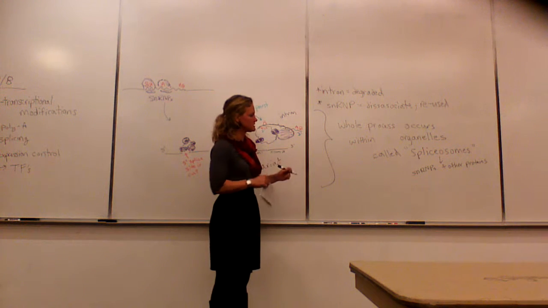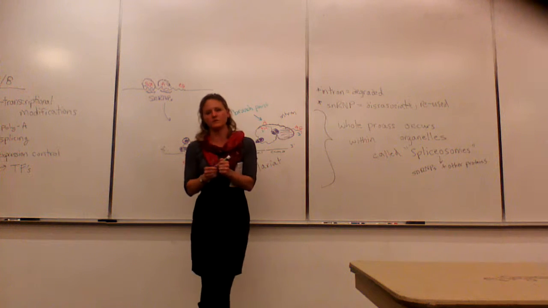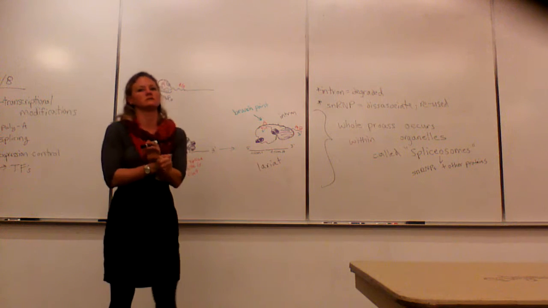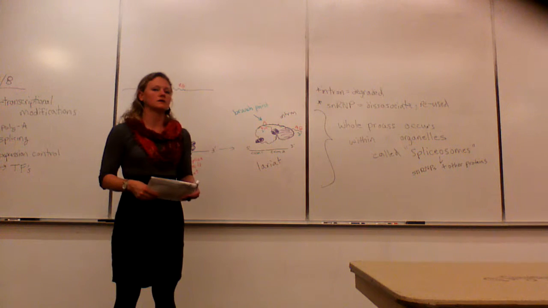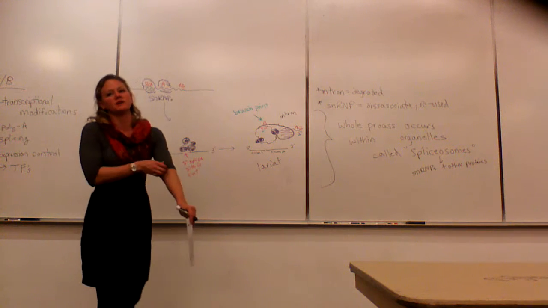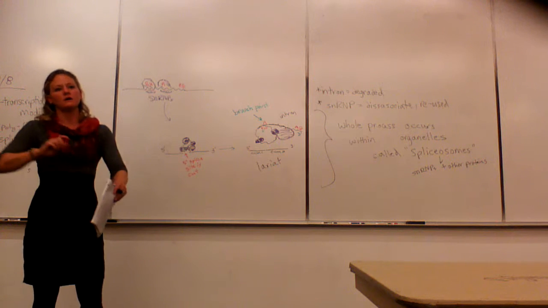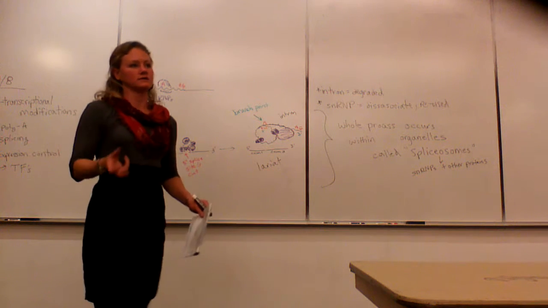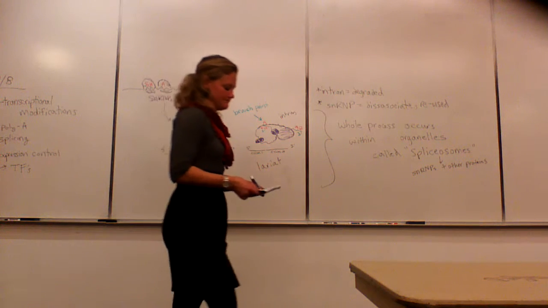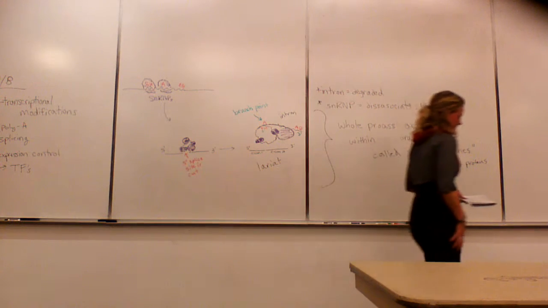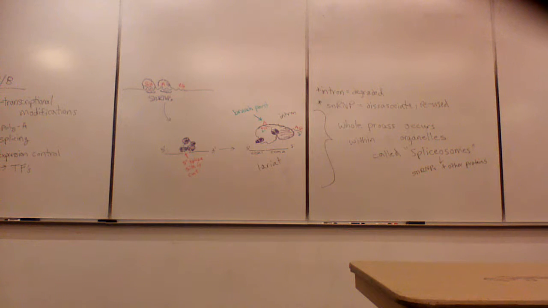The spliceosomes are actually, kind of oddly, one of the most abundant organelles in the cell. This is obviously a really important conserved process that needs to happen fast so that we can move on to translation and make a protein from your transcript. So it's not the most, but one of the most abundant organelles in the cell.